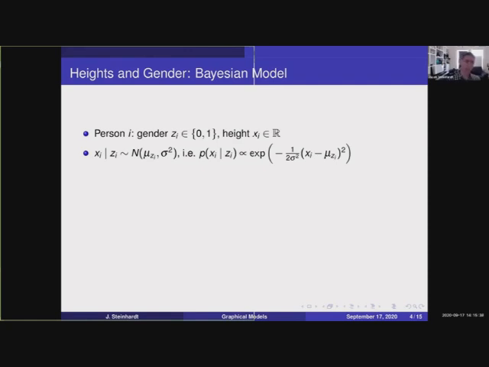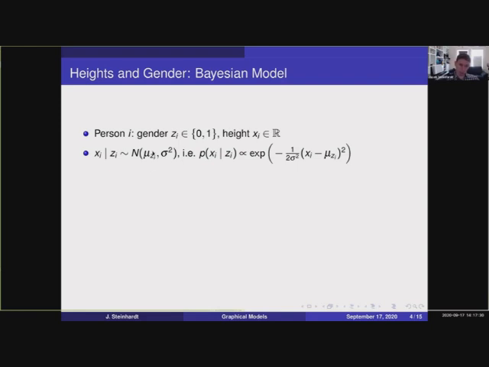And then we might say, okay, how does the height vary conditional on the gender? Well, it's going to be a normal distribution with some mean that depends on the gender. So if we want to model this two-Gaussian distribution, we'd say there's this extra variable called gender, and then the height conditional on gender is going to be a normal distribution, but the mean of that normal distribution is going to depend on the gender.